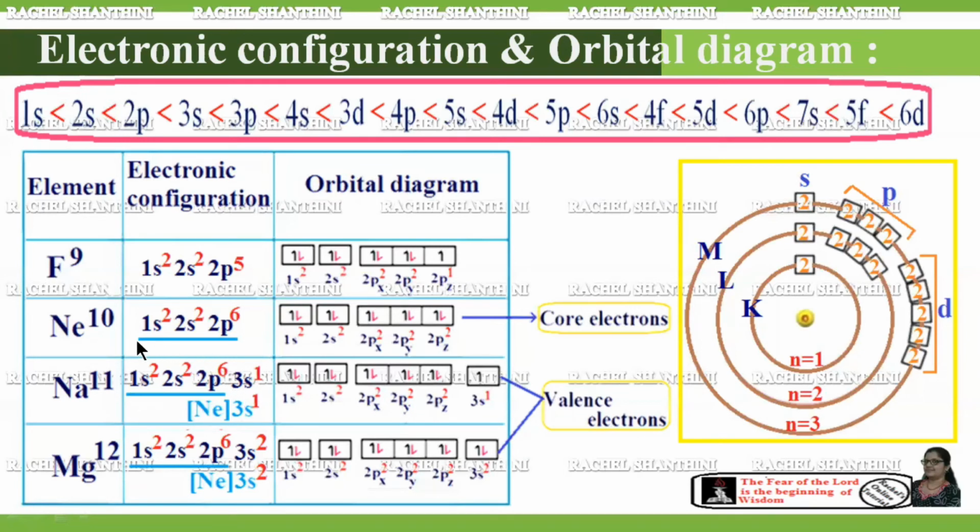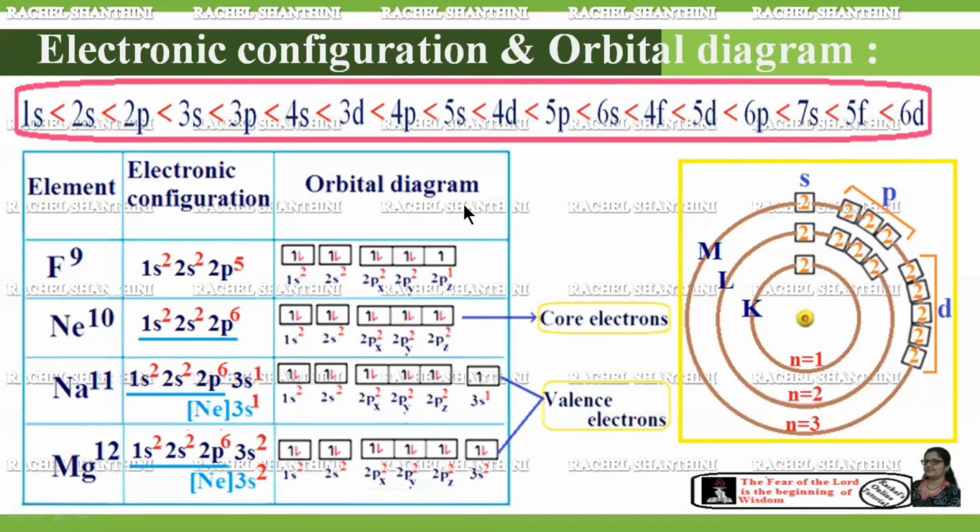When you look at the configuration of sodium, we can see the neon configuration, right? Till 1s2, 2s2, and 2p6. So instead of writing 1s2, 2s2, and 2p6, we can write the symbol of neon within the square bracket, followed by this 3s1.